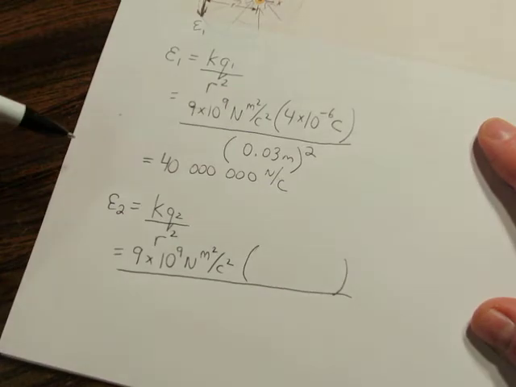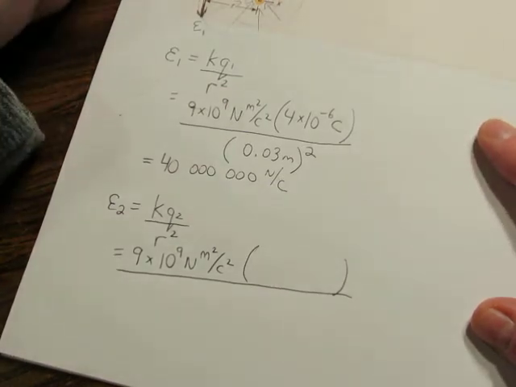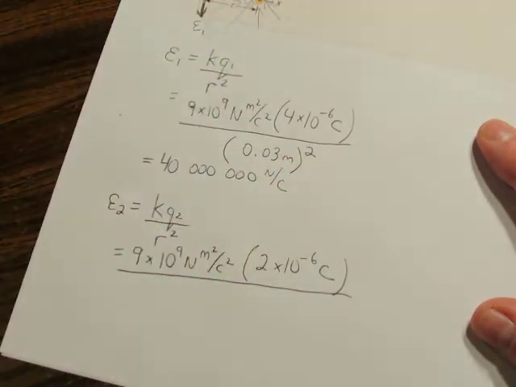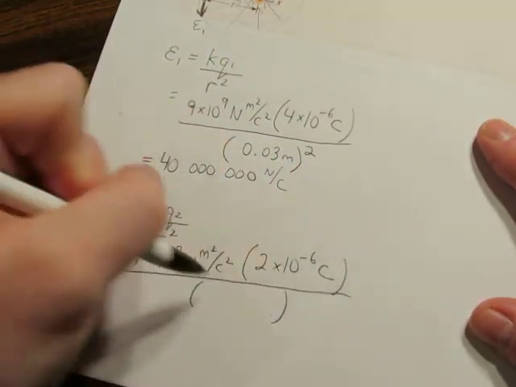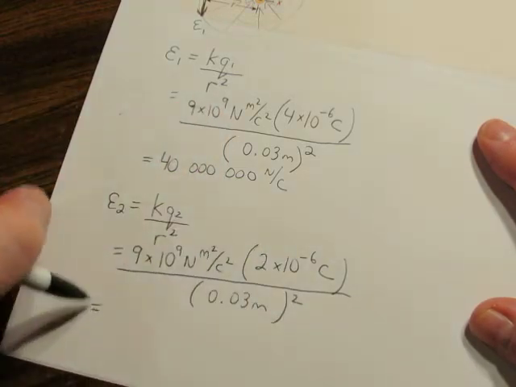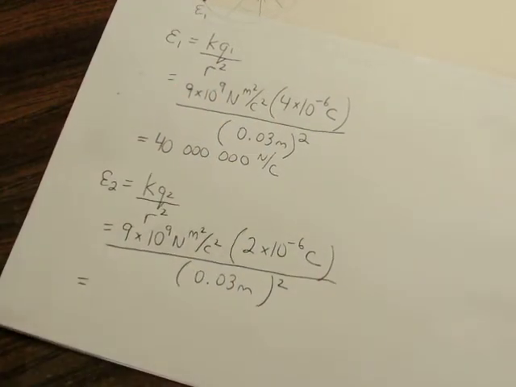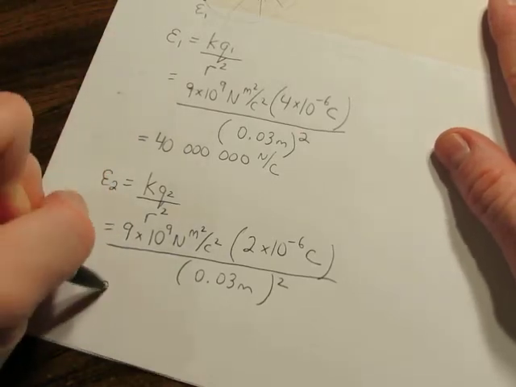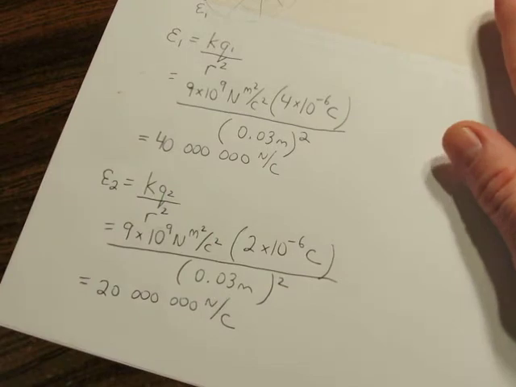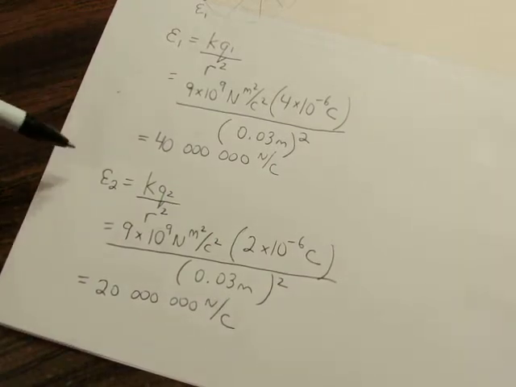Charge number 2 is negative, but don't use the negative sign. It's 2 times 10 to the negative 6 coulombs. And the distance, just by the symmetry of the diagram, is the same, 0.03 meters squared. So sub that into a calculator, and you get 20 million newtons per Coulomb.